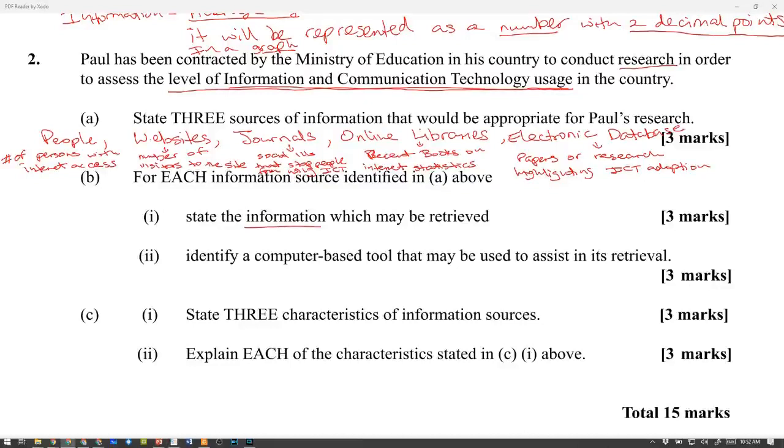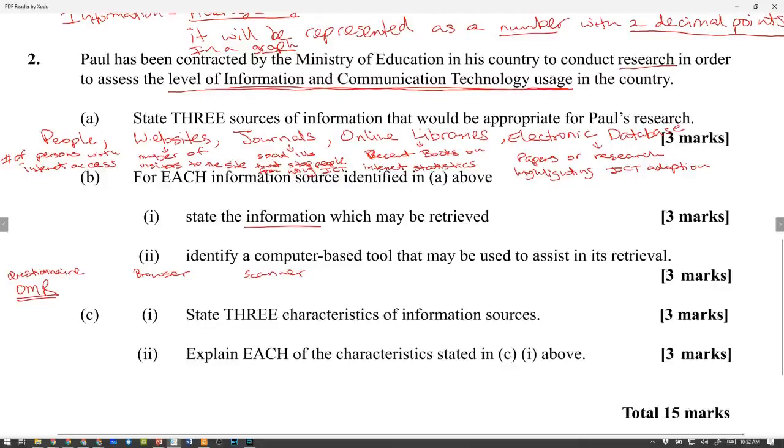Identify a computer-based tool that may be used to assist in its retrieval. Well, for people with internet access, you might be able to use an OMR because you give a questionnaire, right? So optical mark reader will do that. A computer-based tool to get the information from the website: a browser. For a journal, you would probably use a scanner.